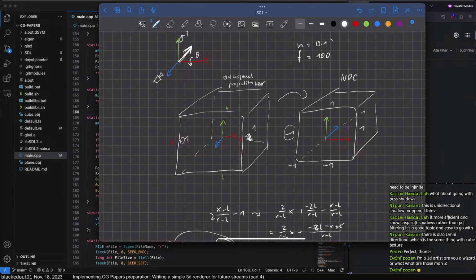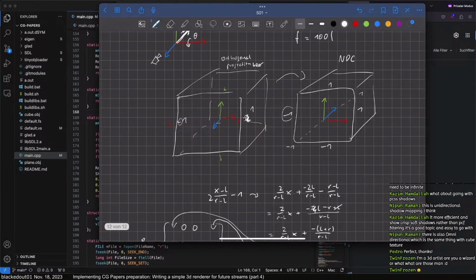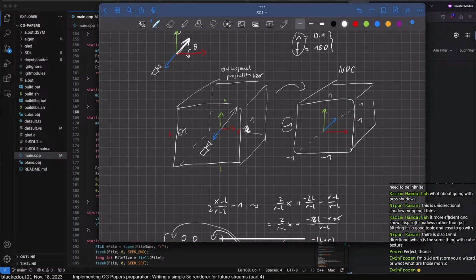So you want these values to be positive. But when you look at this from this direction, which means that we look in this direction, if these values were positive, this would mean that the near value would be further away than the far value, because this value is smaller than this one.